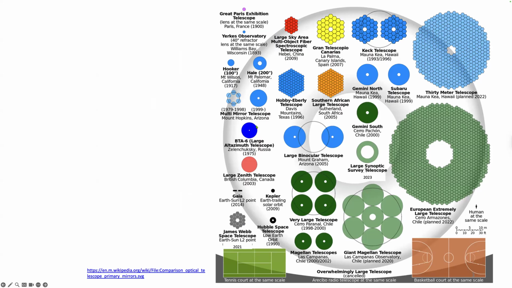So, for example, this is the Russian 6-meter. And because this is filled with color, that means it was made with a single piece of glass. Whereas the Hobby Eberly is made with hexagonal segments controlled by computers to overcome multiple kinds of problems you have when you segment a telescope.